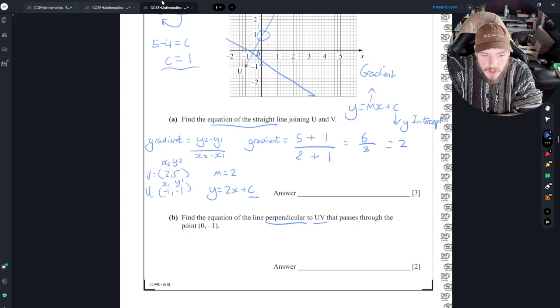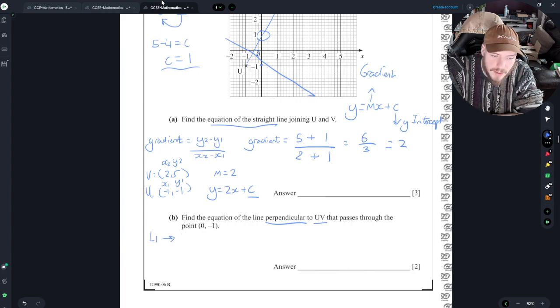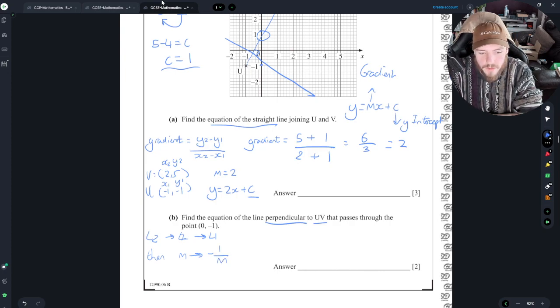So if our line 2 is perpendicular, or at right angles, to our line 1, then our m goes to -1 over m.